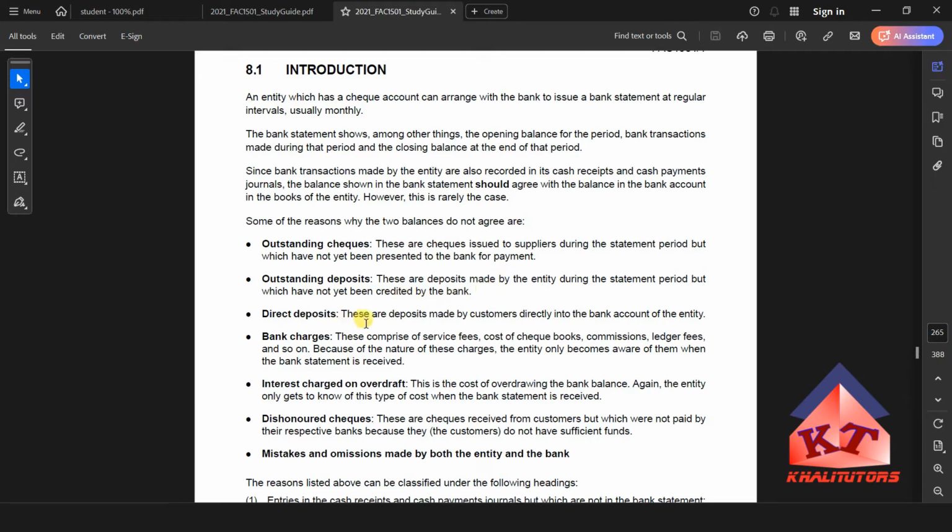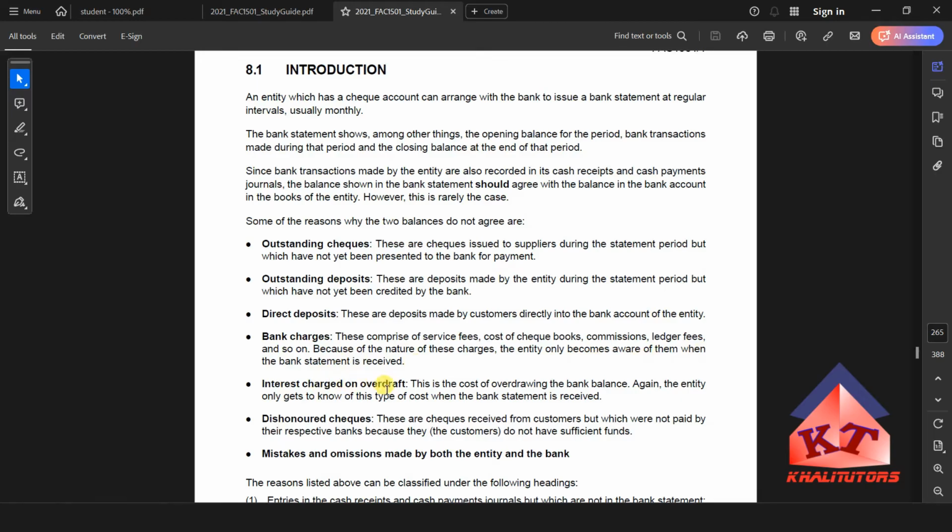Direct deposits are deposits made by customers directly into the bank account of the entity. In terms of bank charges, these comprise service fees, cost of checkbooks, commissions, ledger fees, and so on. Because of the nature of these charges, the entity only becomes aware of them when the bank statement is received.